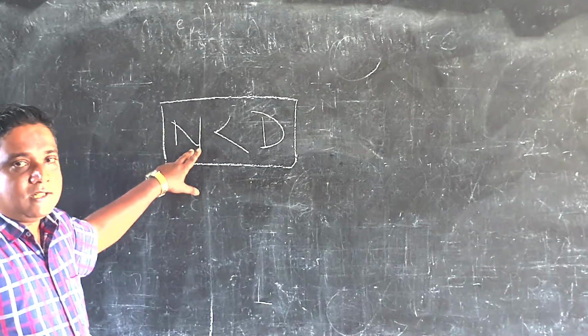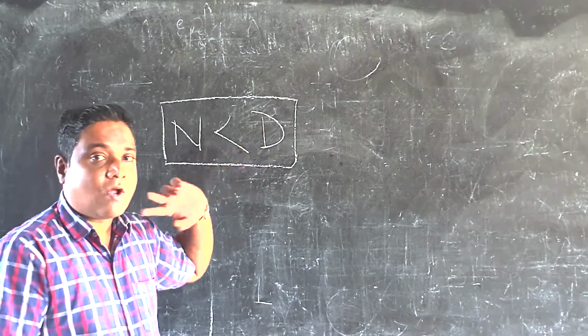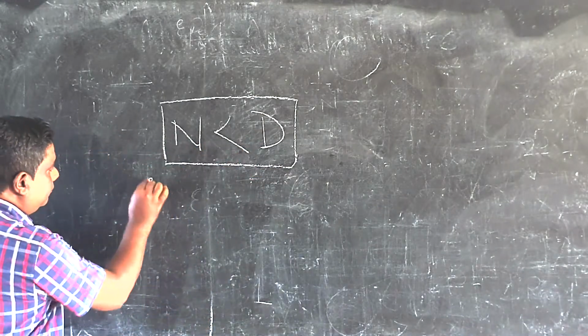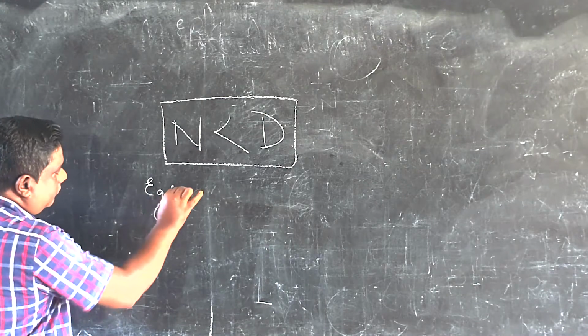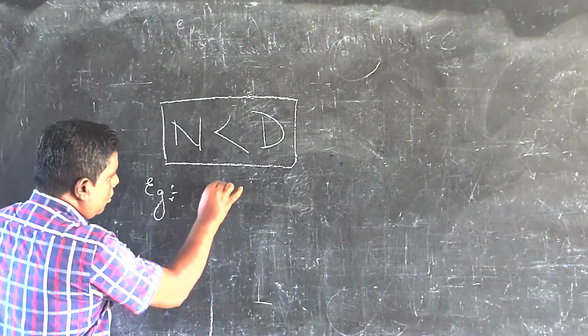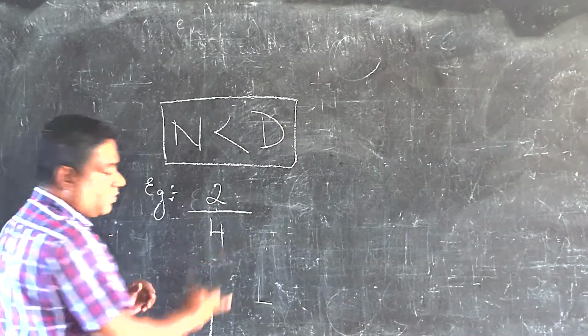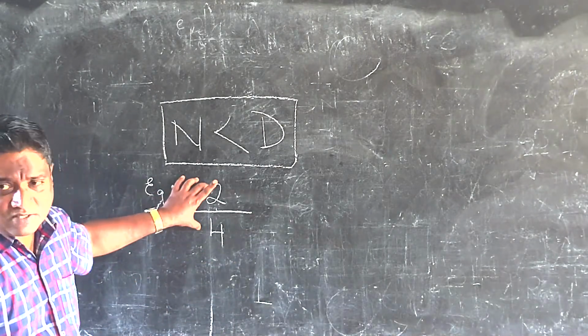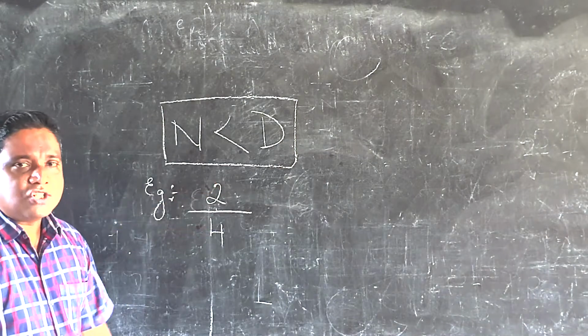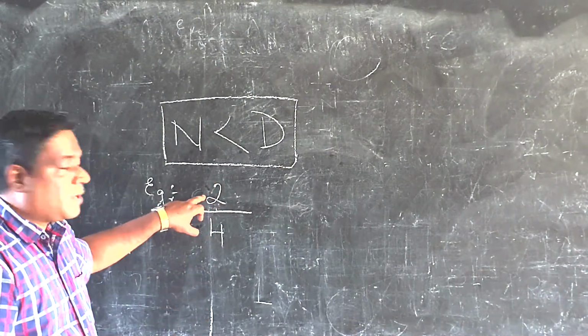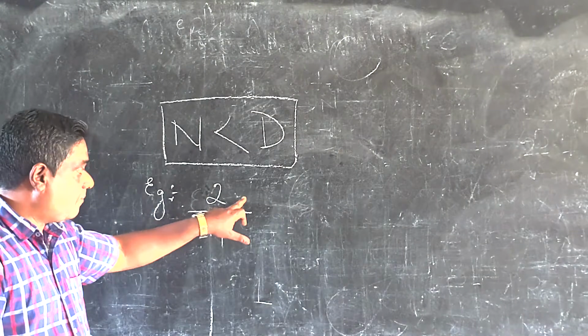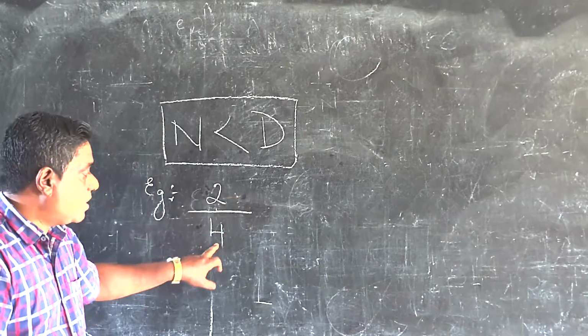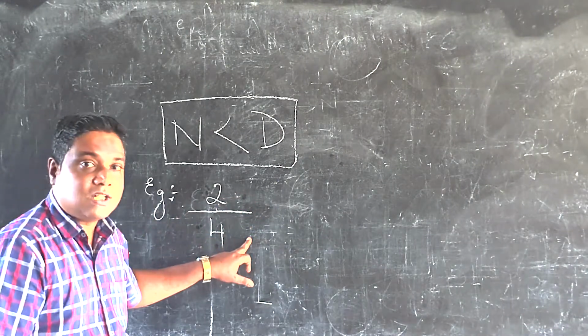Example, 2 upon 4. This is a fraction. 2 represents the numerator and 4 represents the denominator.